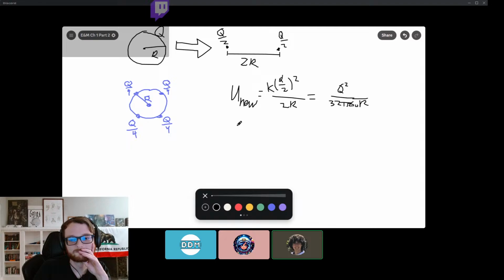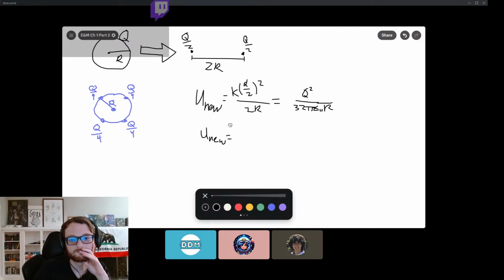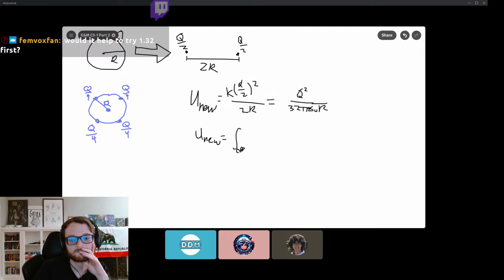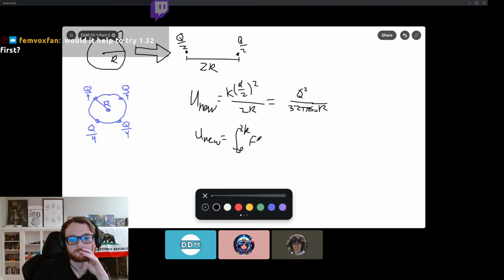If the energy decreases, is that good? Do we want that? It means that there's less energy, or it takes less work.